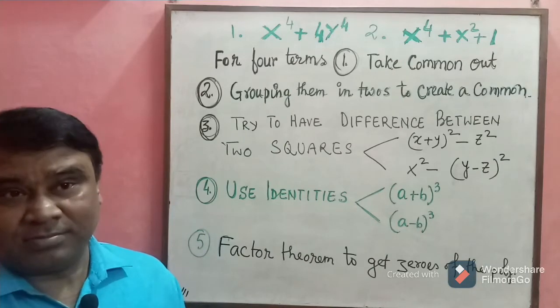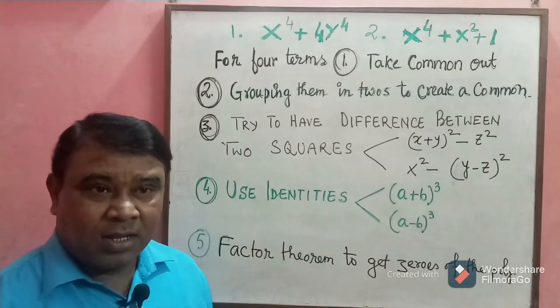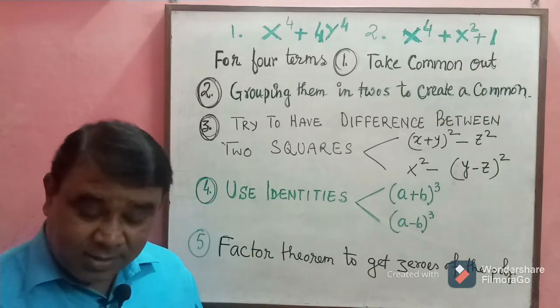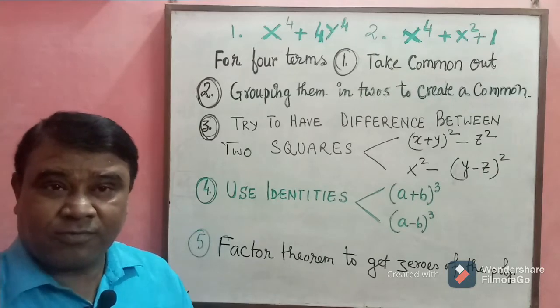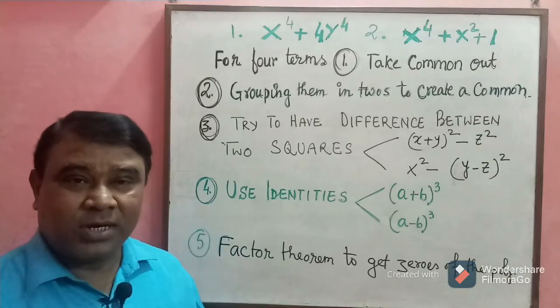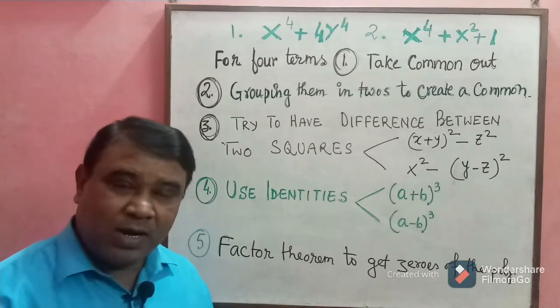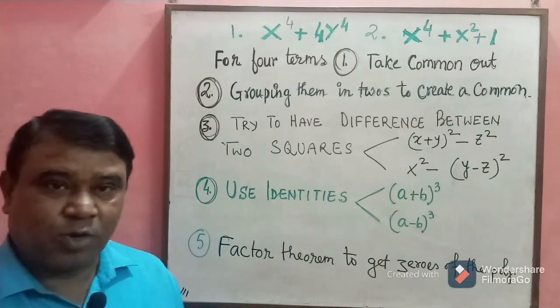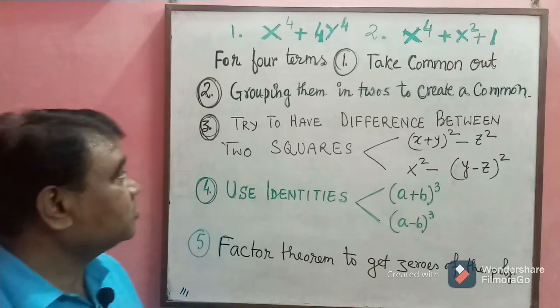That is the reason we put bracket, and this bracket gives us the concept of factors. Whenever we create a common with bracket, that common will automatically become a factor of that polynomial. That's what I told you all today.